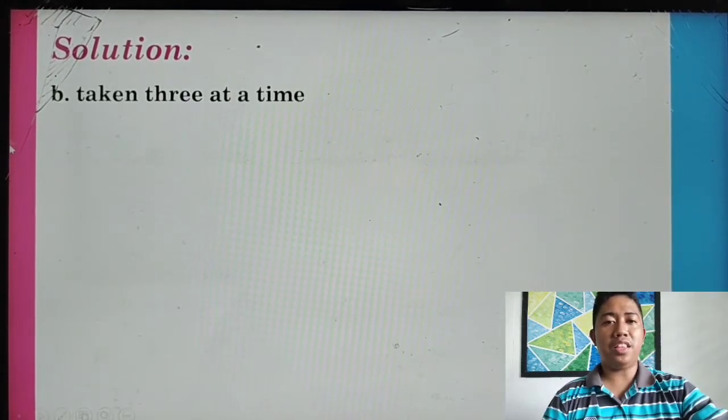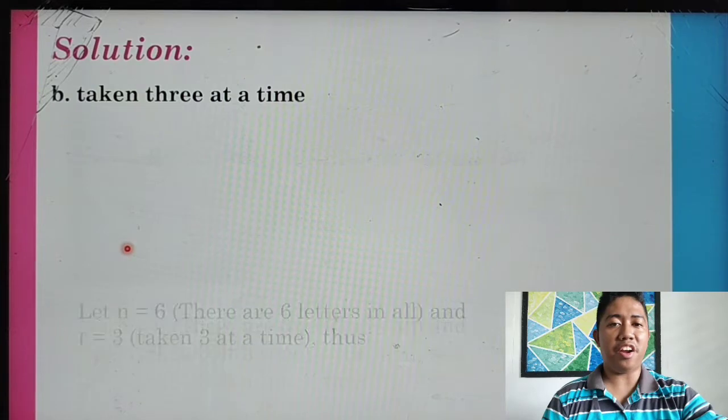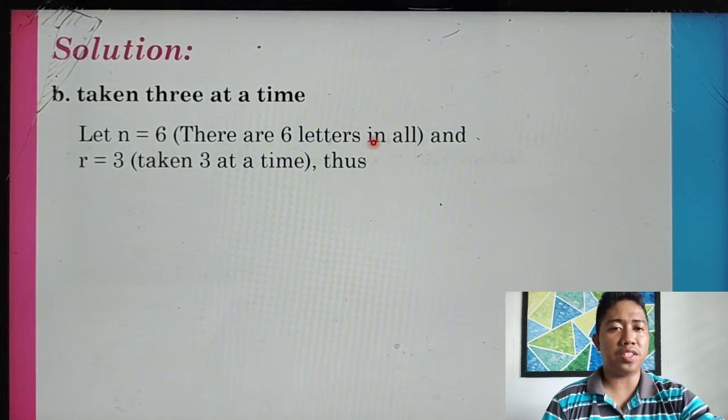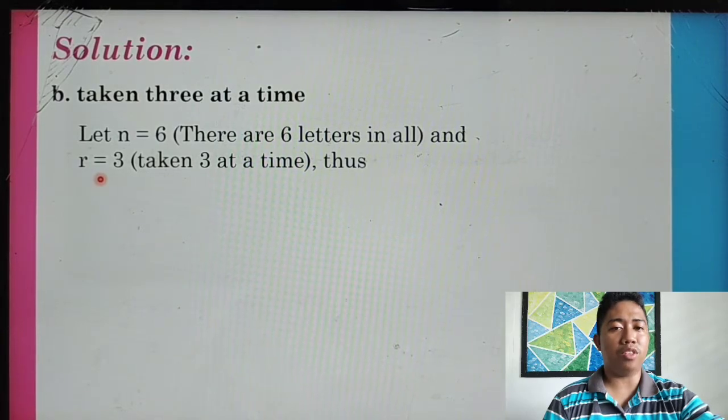How about taken 3 at a time? To solve this problem, let us first identify the value of n and r. Let n equal 6, still the same, since there are 6 letters in the word JOYFUL. For r, we need to take 3 at a time, so r is equal to 3.